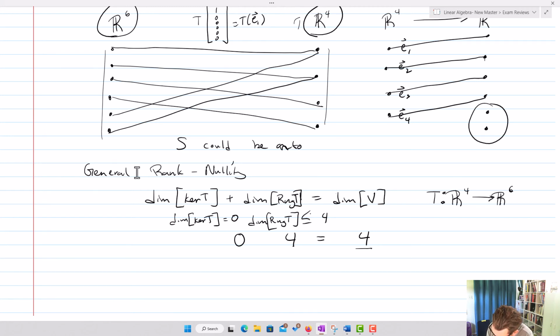So this would be 0 plus 4, and that equals 4. And if the dimension of the range of T equals 4, then the range of T cannot equal R6, because R6 is 6-dimensional, right? Those two things can't happen. R6 is 6-dimensional, doesn't work.